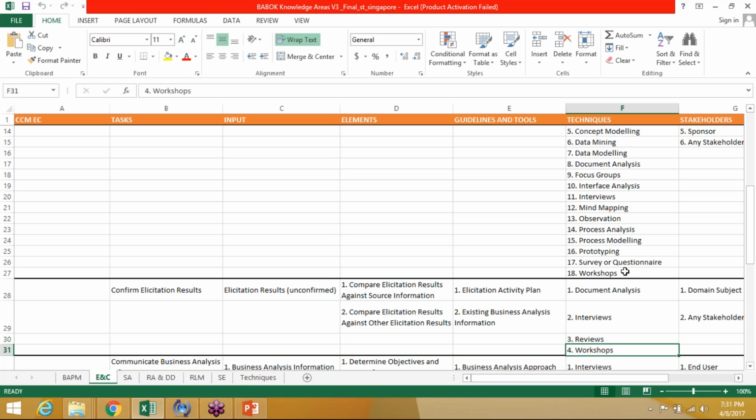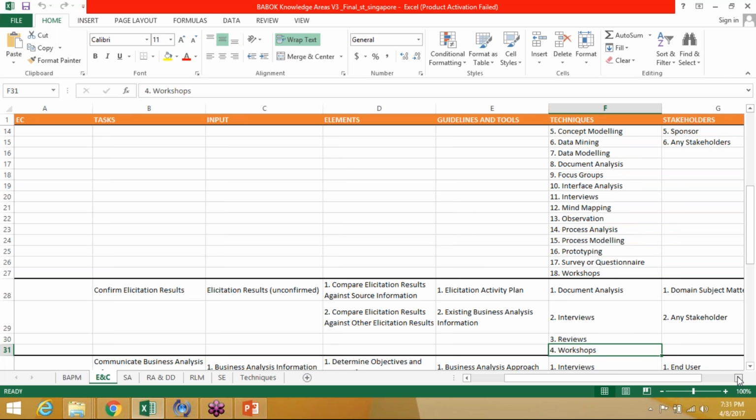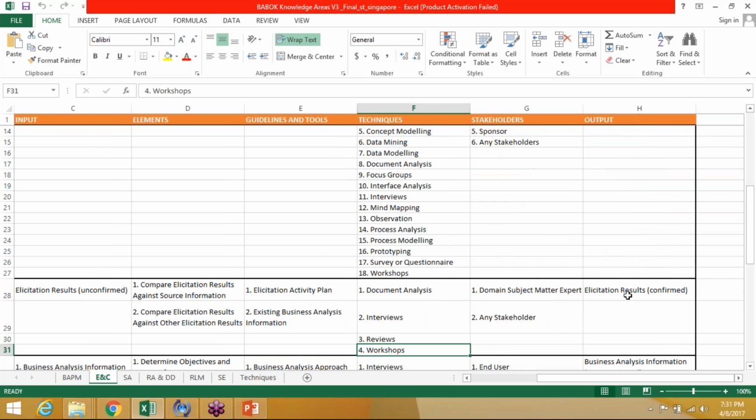And once you have got that consistent information, you need to confirm that with all the stakeholders. And hence, if you see here, there are two important techniques, which are interview and workshop. And the output of this is going to be your elicitation results are confirmed.